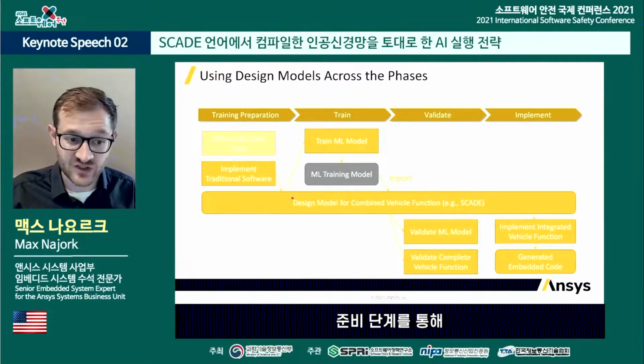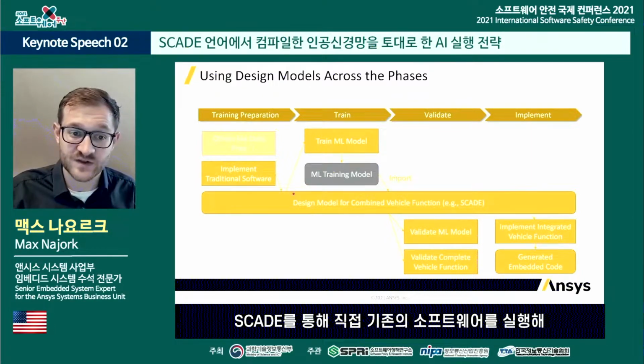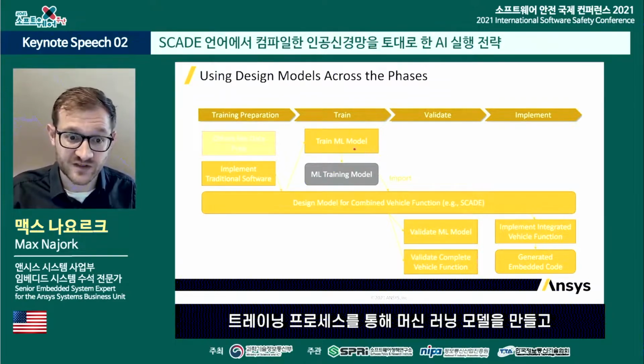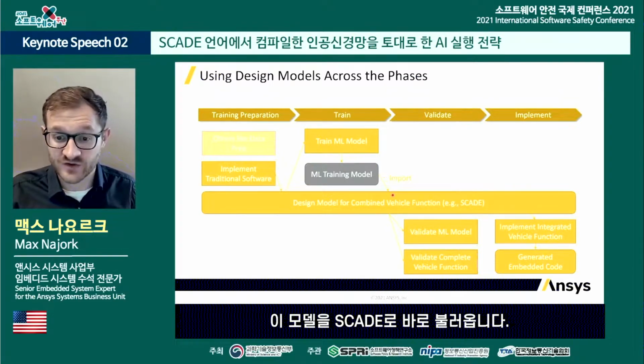So after the initial preparation phase where we do all the surrounding functionality that we need, we directly use the Scade models of the conventional software for our training process. Now, the training process produces the machine learning model that, as we have discussed, is directly imported into Scade again.